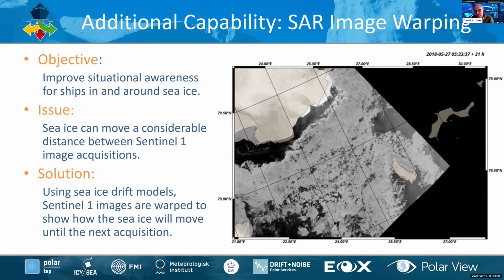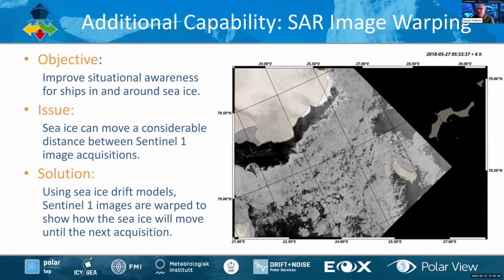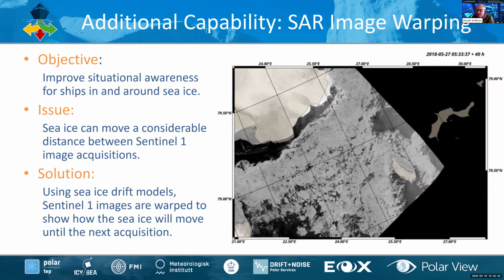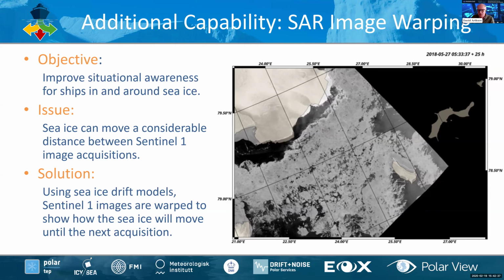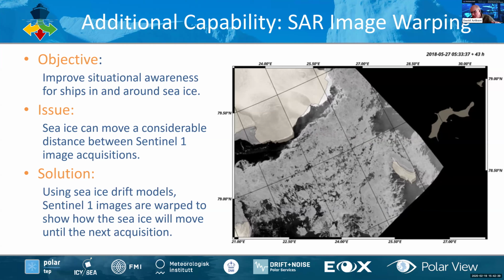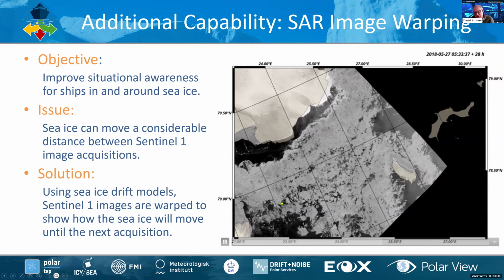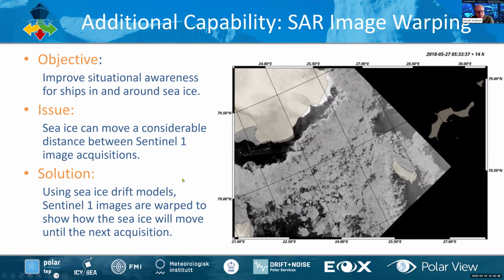So this capability takes an ice drift forecast model and applies it to a Sentinel-1 image and warps the image to try to simulate where the ice will move until we are able to acquire a new image. Here you can see it in operation, and the ice appears to be moving.